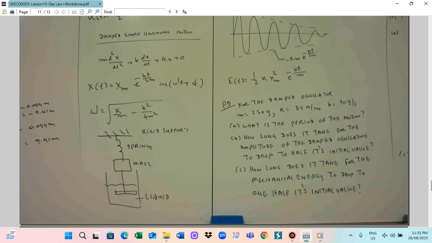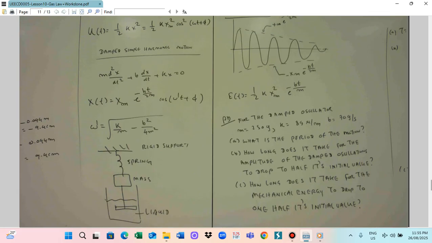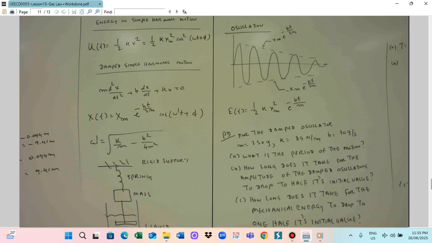Oscillation is when the waveform is moving like this. The amplitude gradually goes down and goes like this. So this is the subject which follows this graph.